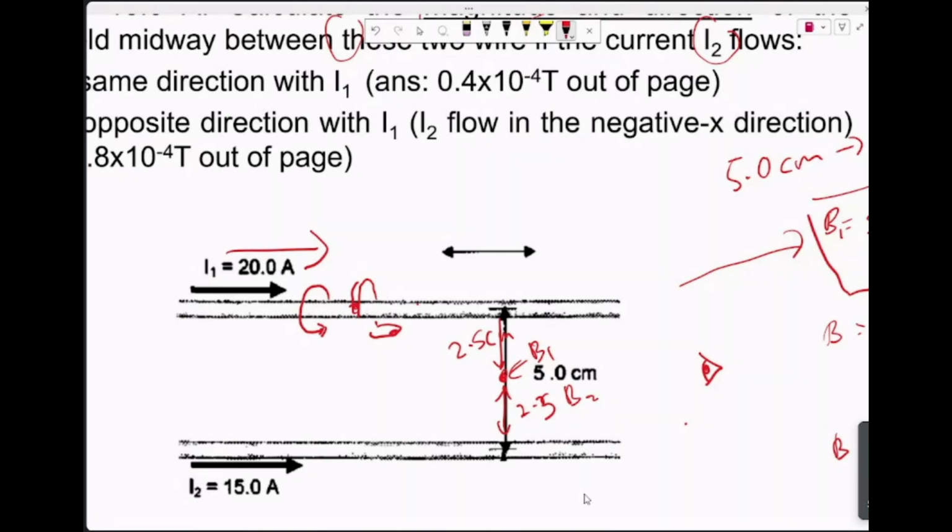Take note that the line is moving upward here, going up on the wire, then going into the wire, back to the back of the wire.